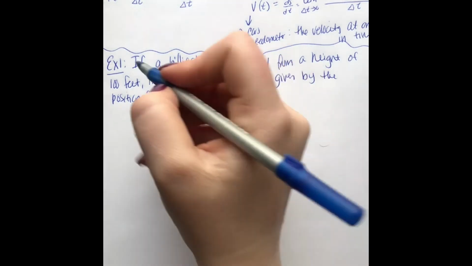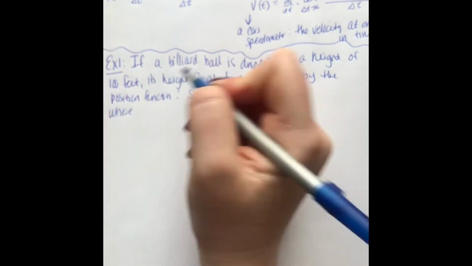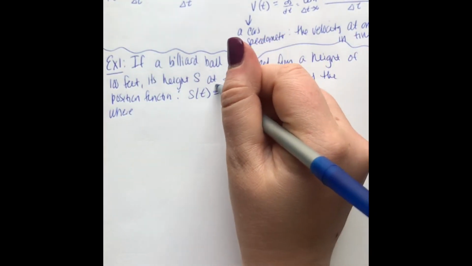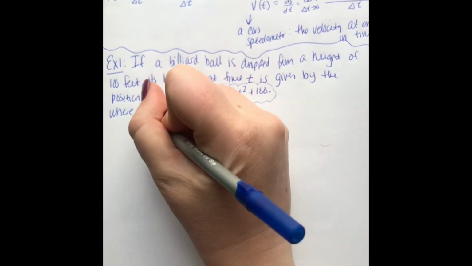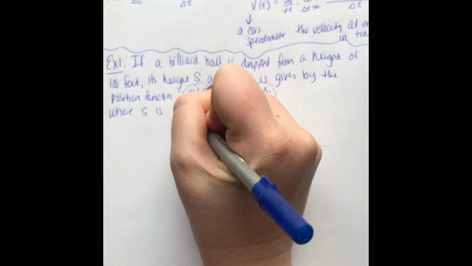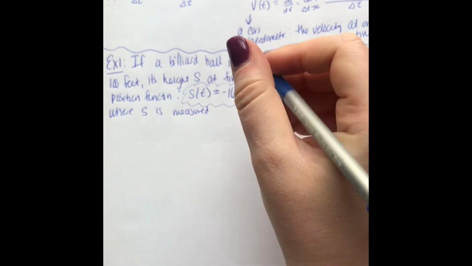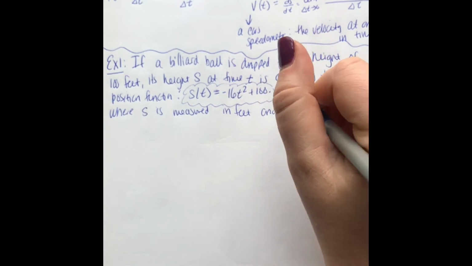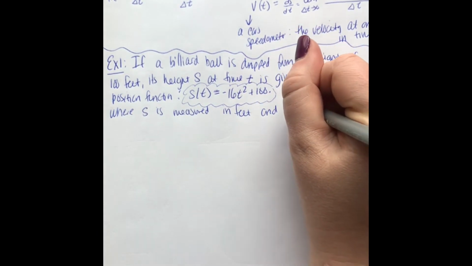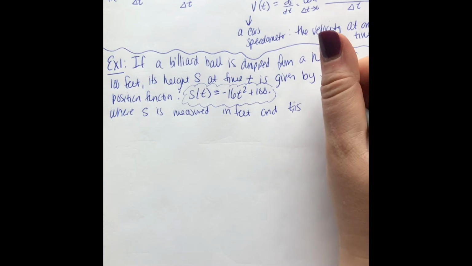Okay, so I'm just going to kind of bubble this because this is probably going to be a little important. It's an equation where S is measured in feet and t is measured in seconds.